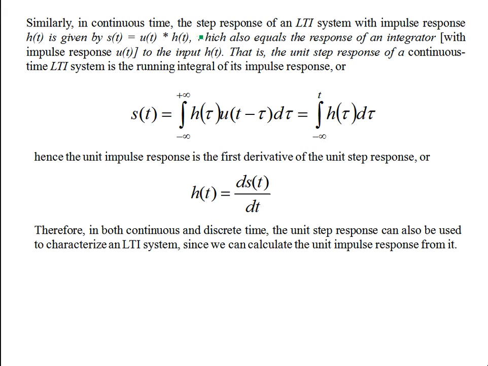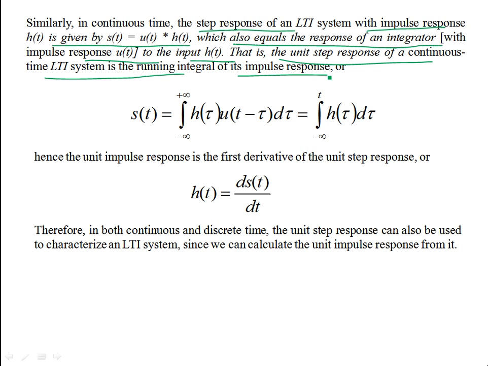Similarly, in continuous time, the step response of an LTI system with impulse response h(t) is given by s(t) equal to u(t) convolved with h(t). It is also equal to the response of an integrator with impulse response u(t) to the input h(t). That is, the unit step response of a continuous time LTI system is the running integral of its impulse response. So similarly, there is a correspondence. You see, s(t) is given in terms of the convolution integral when the input is u(t).